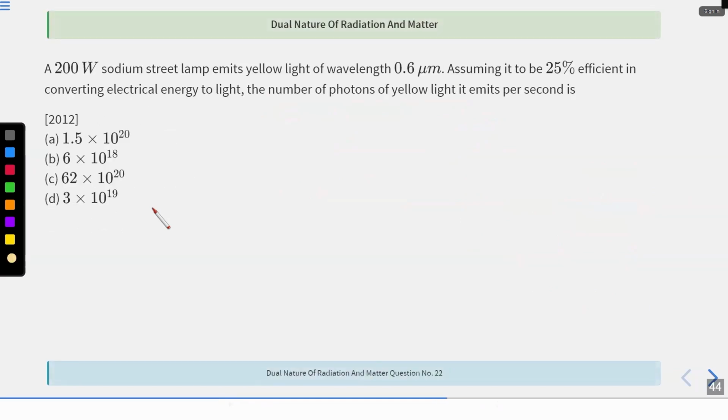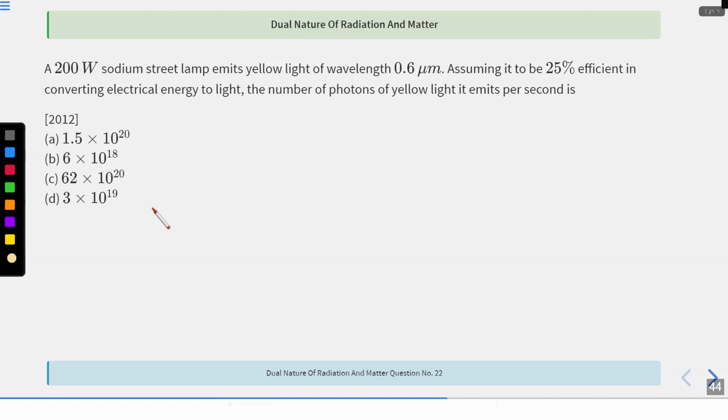A 200-watt sodium street lamp emits yellow light of wavelength 0.6 micrometer. Assuming it to be 25% efficient in converting electrical energy to the light, the number of photons of yellow light it emits per second is.